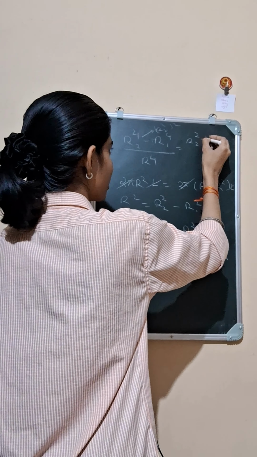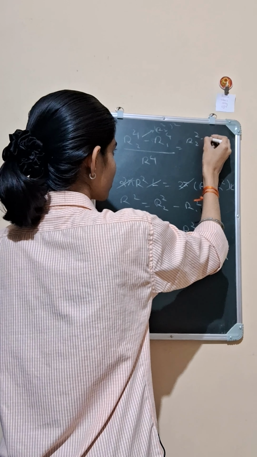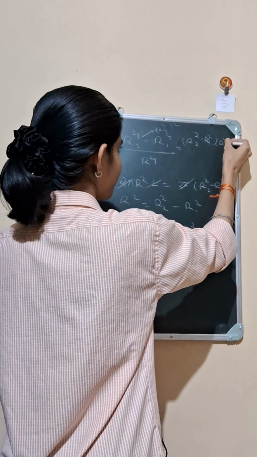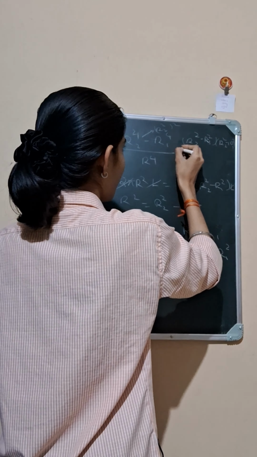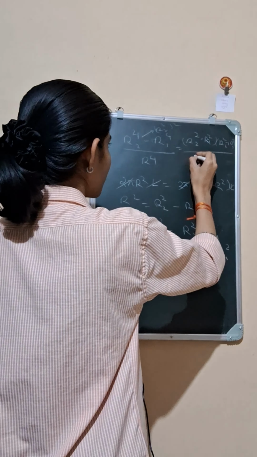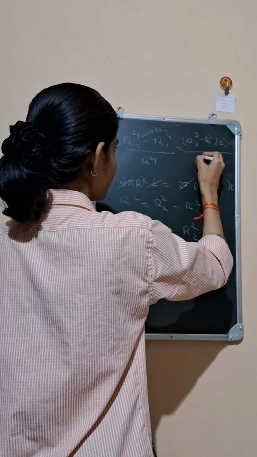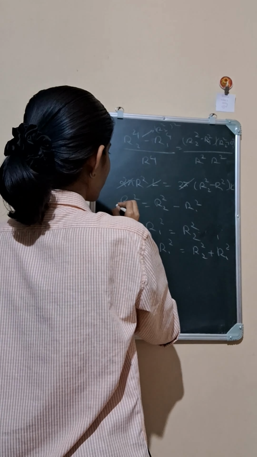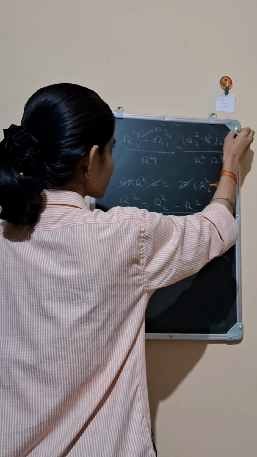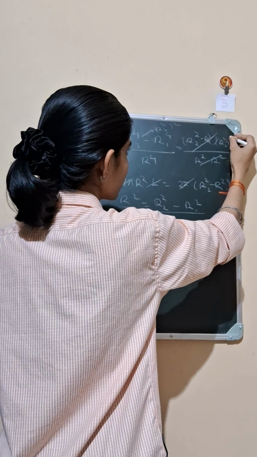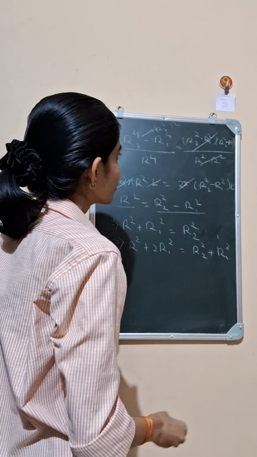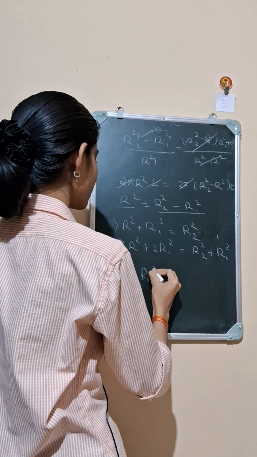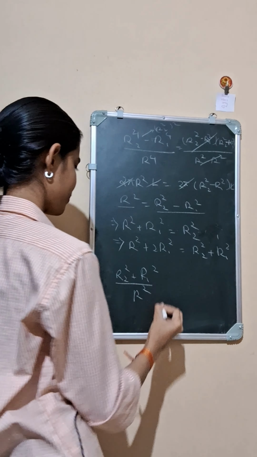So I can write it in a similar manner, (r2 square minus r1 square) into (r2 square plus r1 square) by r square into r square, which is r to the power 4. I know that r square equals r2 square minus r1 square, so this will cancel. So I have now (r2 square plus r1 square) by r square.